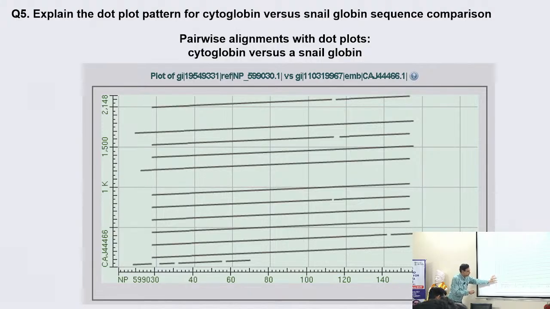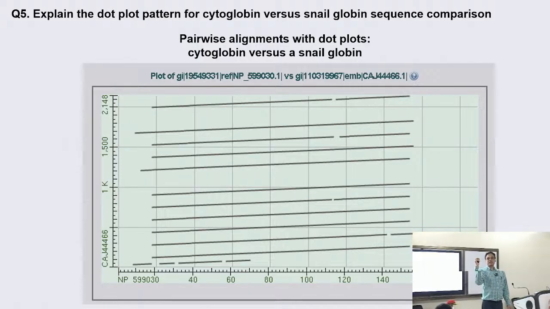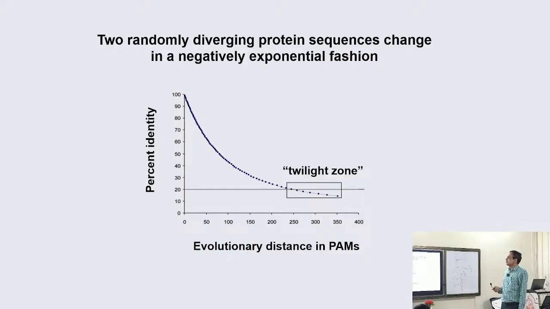But the same region has again a match in the snail globin from this position to this position, and again and again. So what is this again and again called? Repeats. So repeats in a snail globin of a region of cytoglobin. Clear? Very good.